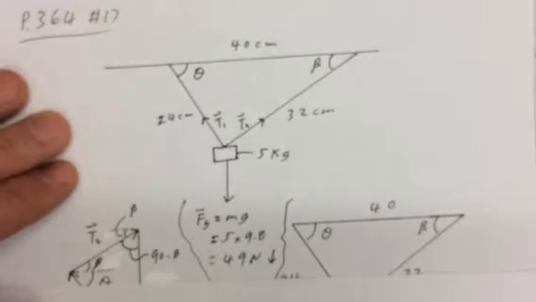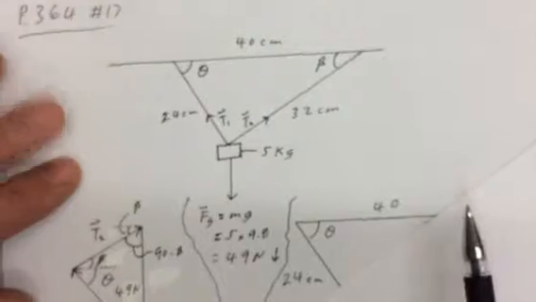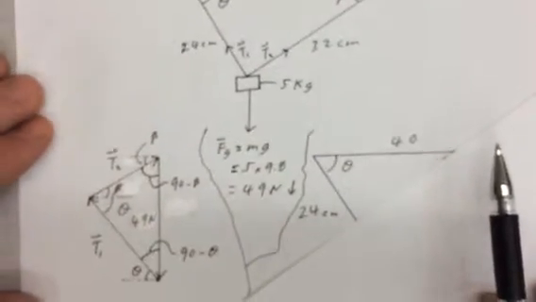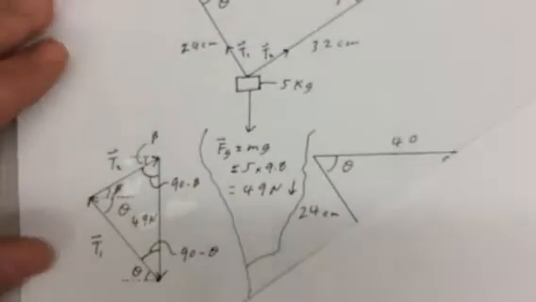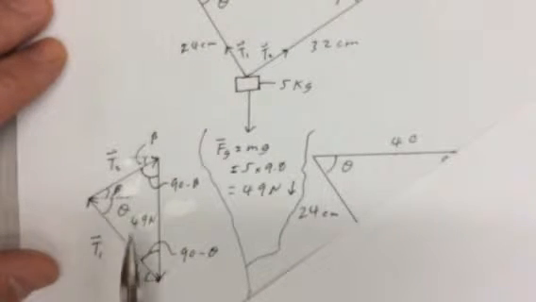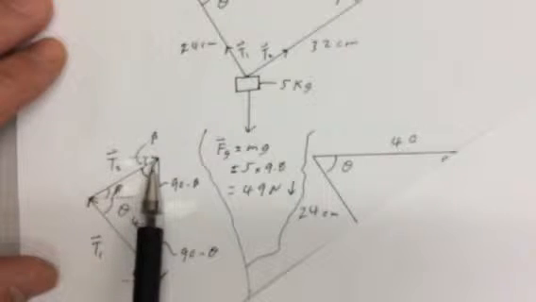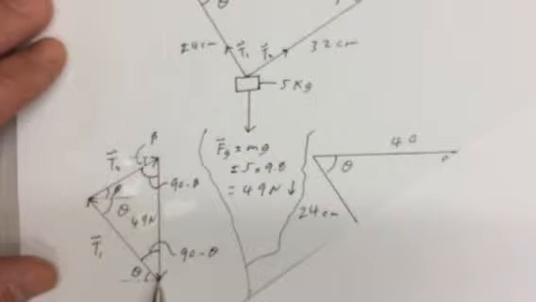Okay, so for them to be in equilibrium, we're going to draw this diagram here on the left. So this is all worked out. Here is the force going straight down, the 49 Newton force. Here is tension 1, and added to tension 2, these three vectors will produce equilibrium, so they should create a triangle.